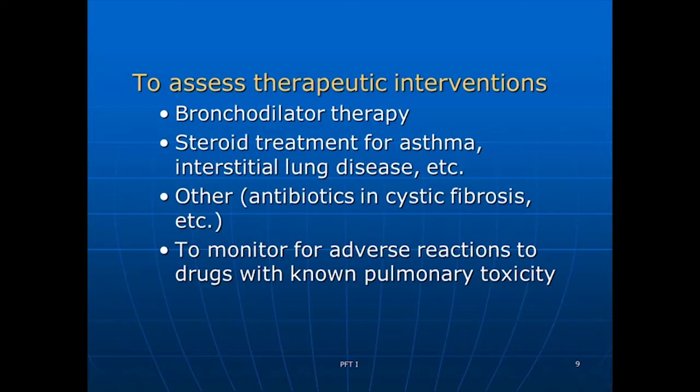Then they will give the patient a bronchodilator, and they will assess its effectiveness. The rule of thumb is there should be an increase of 15% in lung function after bronchodilator therapy. That's what determines a successful bronchodilator, and it's a good indication that the bronchodilator is going to work.